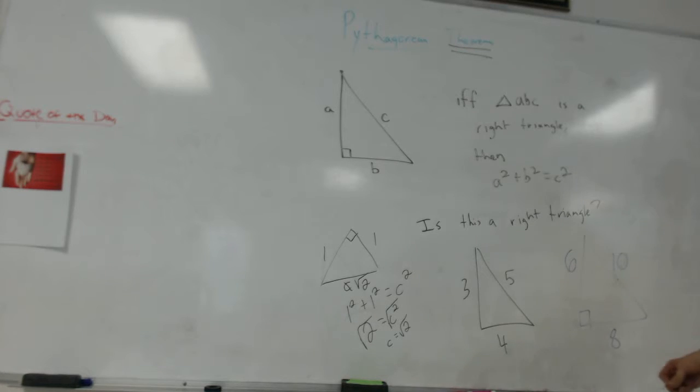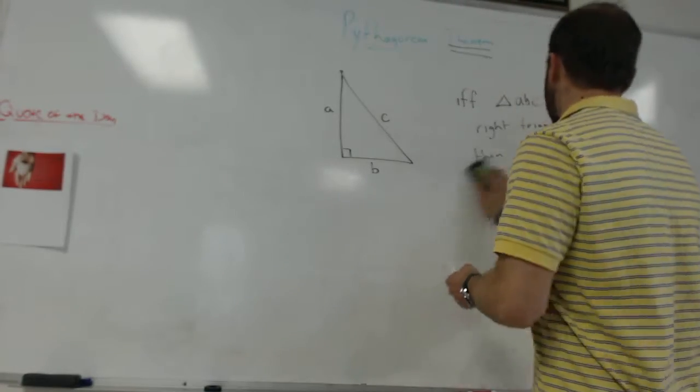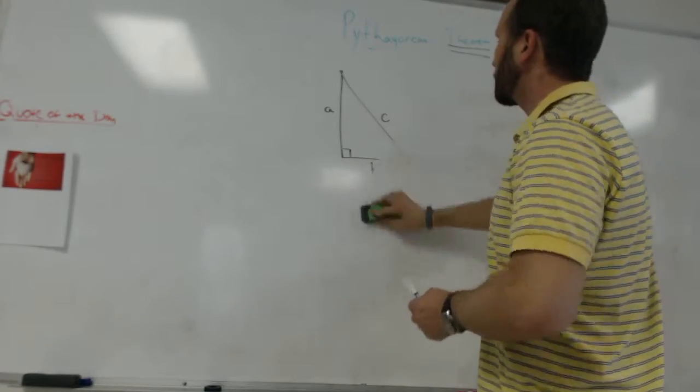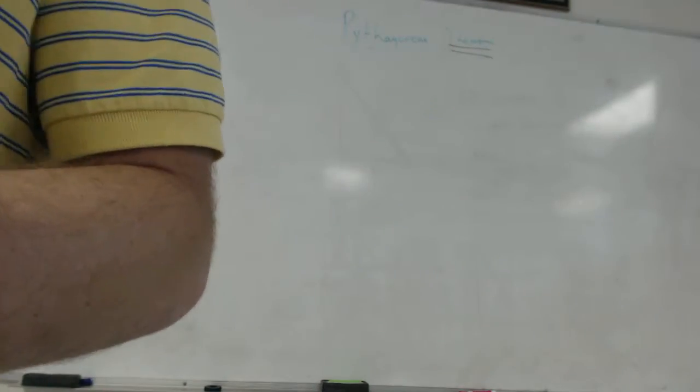Okay. So I just want to show you an illustration of the Pythagorean theorem. We're not going to try to prove it. But I do want you to think, and this is actually related to one of the proofs for the Pythagorean theorem.